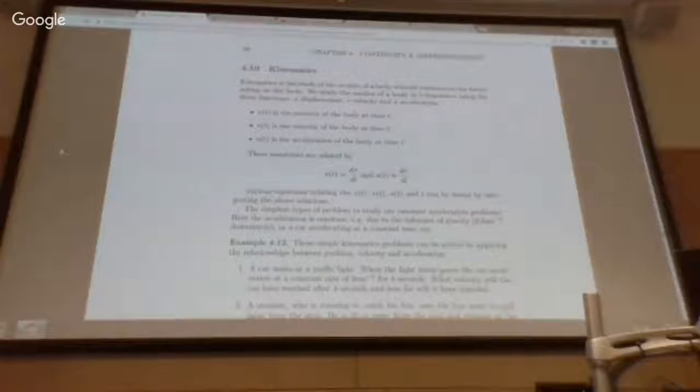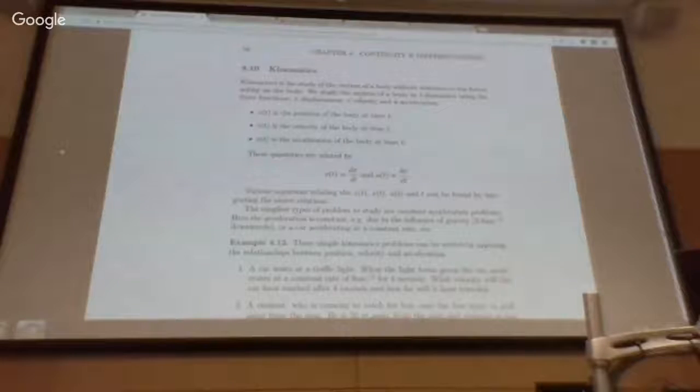So we're going to be studying the motion of objects just in a single dimension. Objects moving, not necessarily in a straight line, but we're just going to track their location according to one dimension. Most of these things will have a basic quantity x of t, which measures the position of the object at time t. v of t is its velocity at time t, and a of t its acceleration.